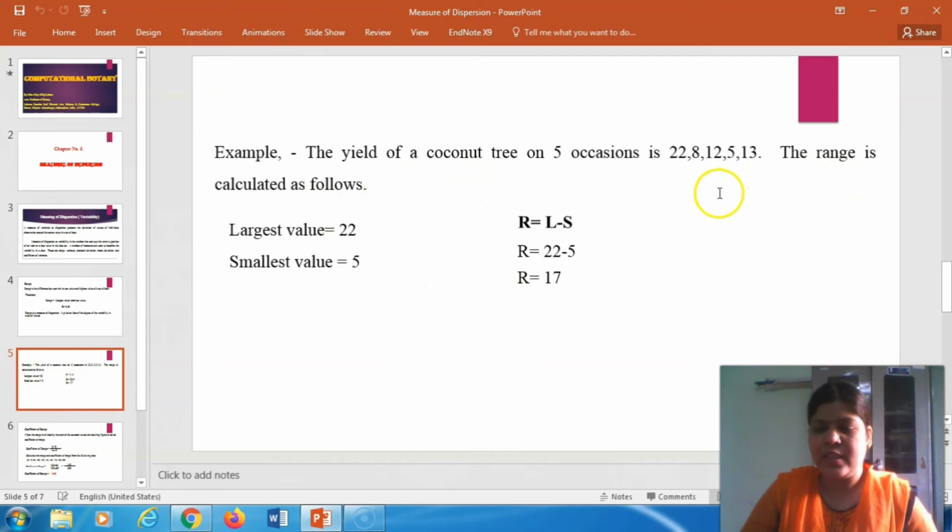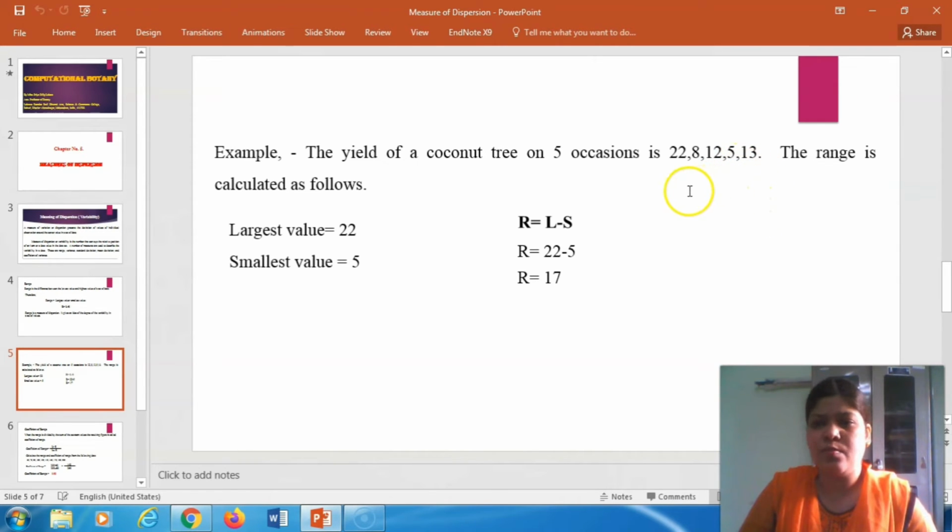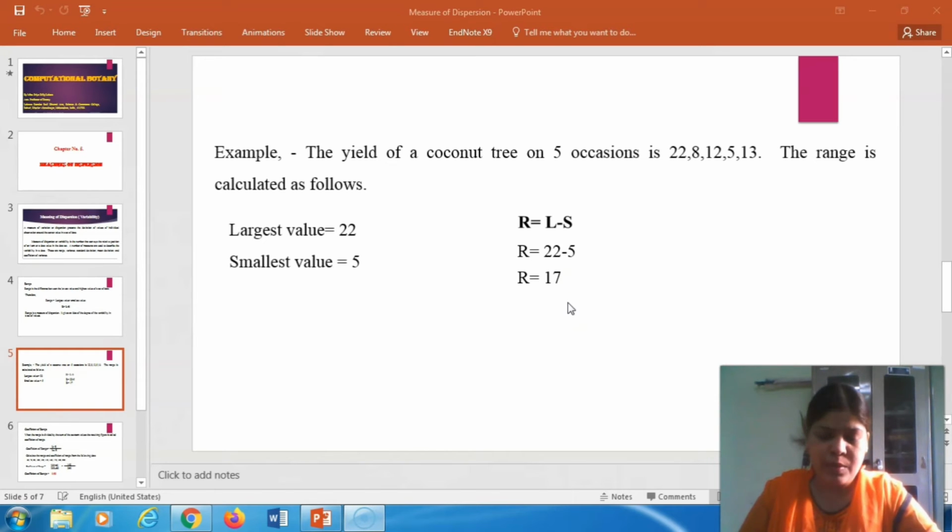We can easily know here because very few values are available. 22 is the largest value and 5 is the smallest value. Let's take a subtraction between them, and we will get R is equal to 17, meaning our range or our measure of dispersion is 17.